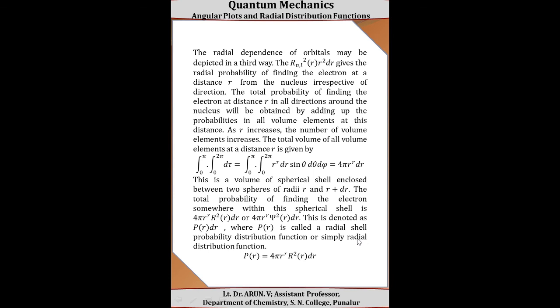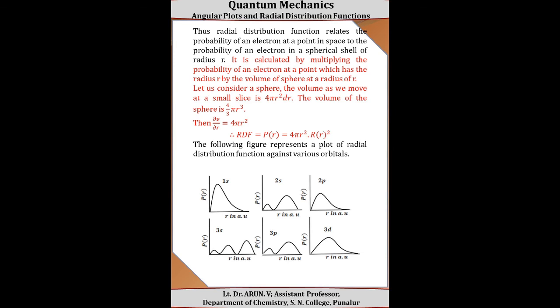This is denoted as P(r) dr, where P(r) is called the radial shell probability distribution function, or simply the radial distribution function. That is, P(r) is equal to 4 pi r square R square dr. The radial distribution function relates the probability of an electron at a point in space to the probability of an electron in a spherical shell of radius r.